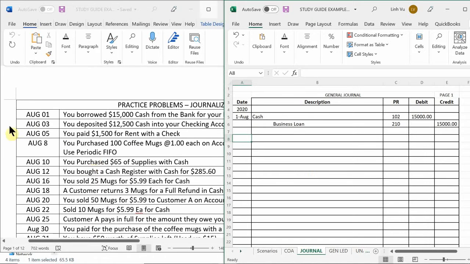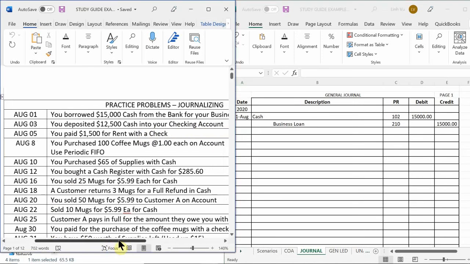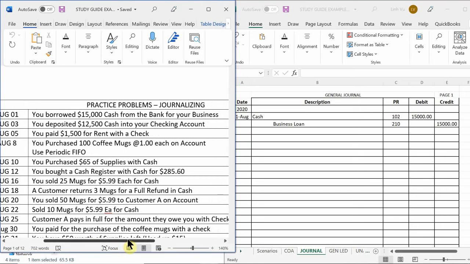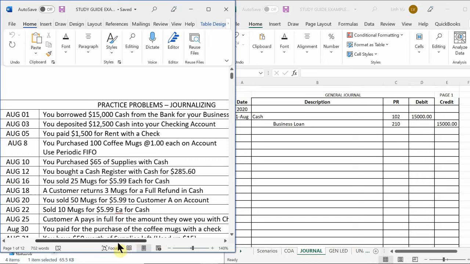So then now, on August 3rd, you deposited $12,500 cash into your checking account. Okay?